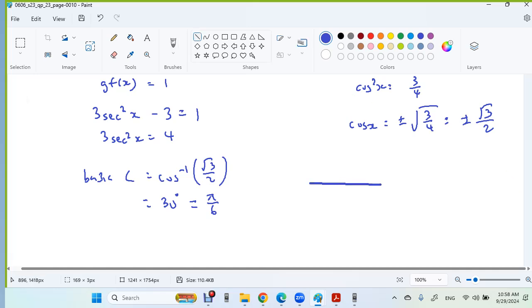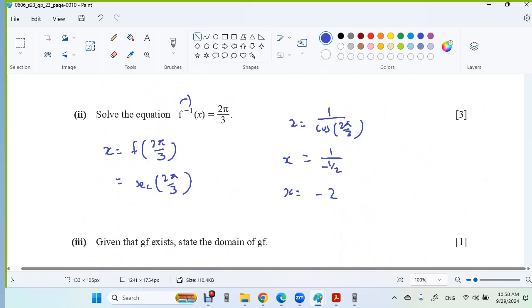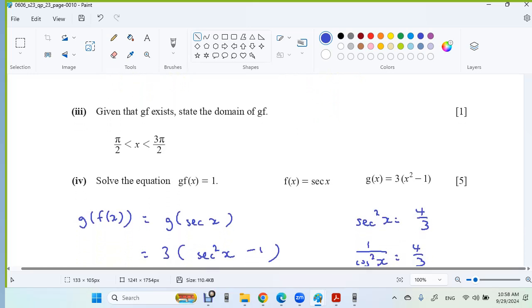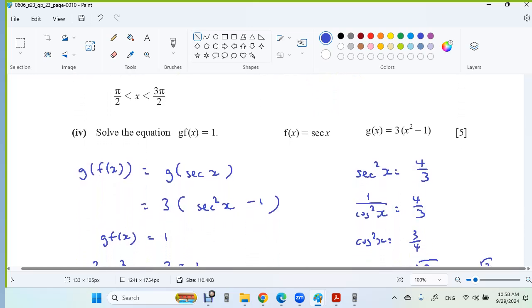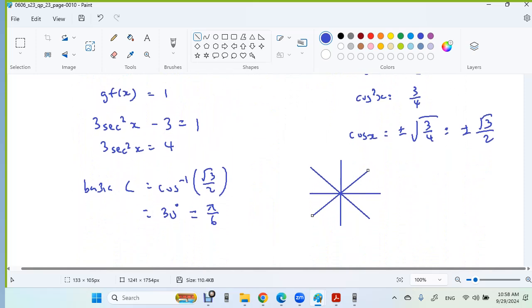So actually with ASTC, not all of them we have to take. So we take pi over 2 until 3 pi over 2. So we take these two values only. So the x will be this one and this one.